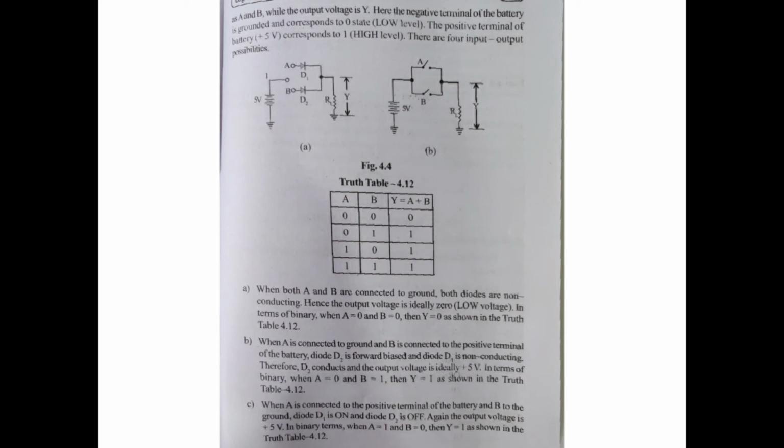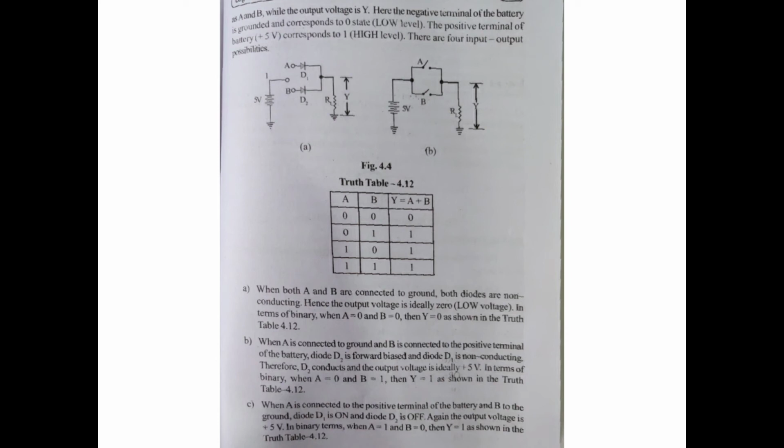The positive terminal of the battery, plus 5 volts, corresponds to 1, that is high level. There are 4 input output possibilities in this case. So this is shown in the table 4.4.